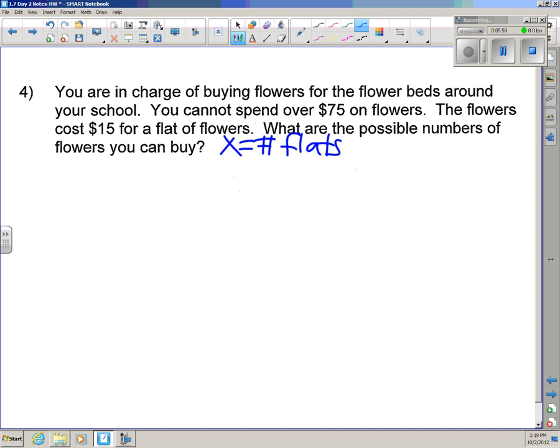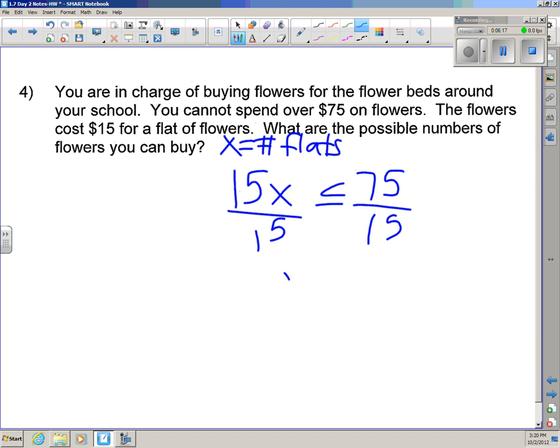You can't spend over $75, so you have to spend less than or equal to $75. You know that flats cost $15, so $15 times x, $15 a flat. Divide both sides by 15, and x is less than or equal to 5.